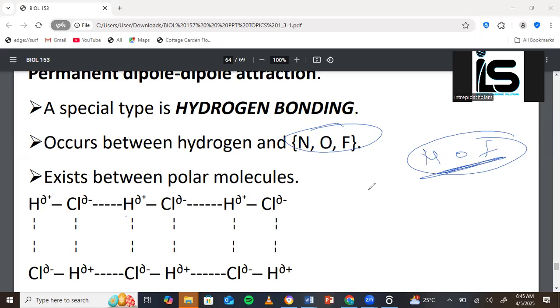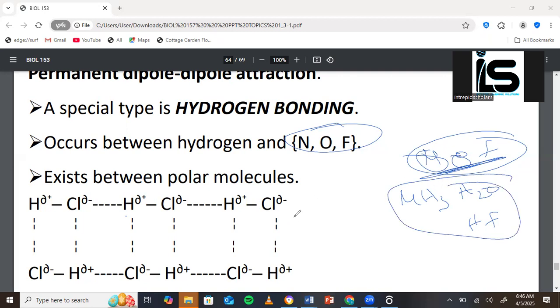And so if we have this, usually they will have very high intermolecular forces. Compounds that would exhibit the hydrogen bond would be ammonia, so that will take care of the nitrogen, water, and then HF, hydrogen fluoride. These have that special type called hydrogen bonding, which is stronger than the other types of permanent dipole.